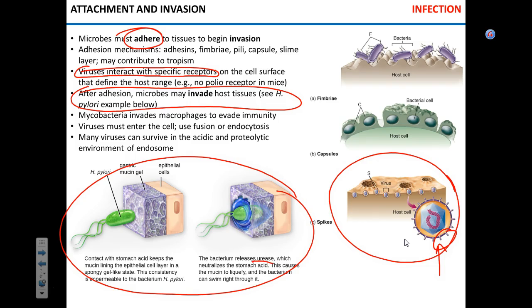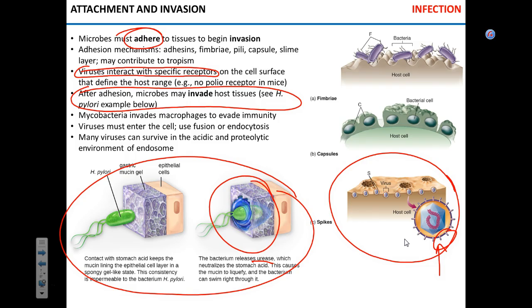Urease neutralizes the acid in the stomach, so the microbe can penetrate the layer of mucus, which consists mostly of the protein mucin, adhere to the cells, and then invade either inside of the cells or between them. Okay.